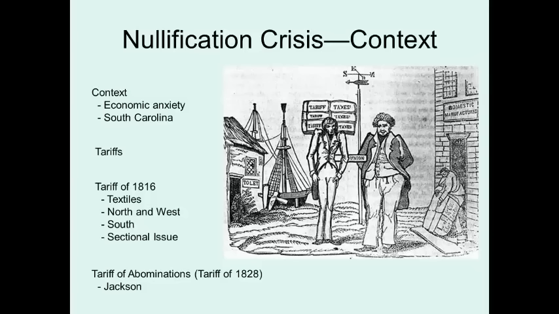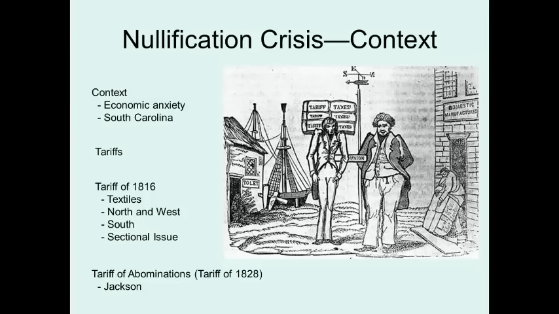So here's the context. When Jackson was elected in 1828, Americans were still very anxious about the state of the economy. Remember, we had the Panic of 1819, wasn't that long ago. America's still trying to recover. And thanks to the market revolution, the economy is changing very quickly.